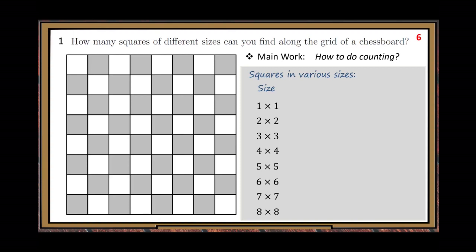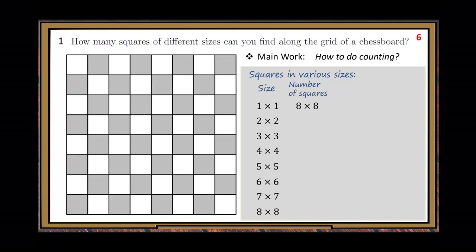The second column, the counting results for individual sizes, the number of squares for each size of squares. All right, so 1 by 1, the number of squares, that's easy. 64, some students said 64. Here I use this 8 by 8, 8 times 8 format.